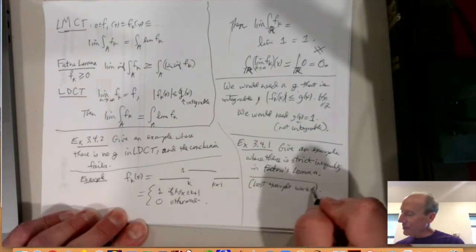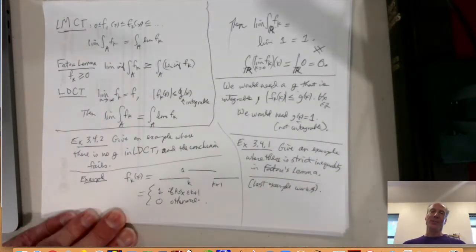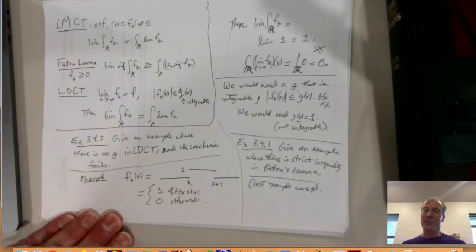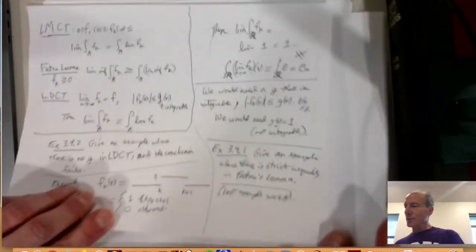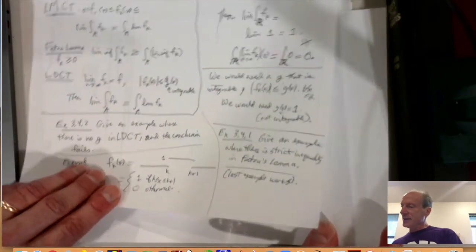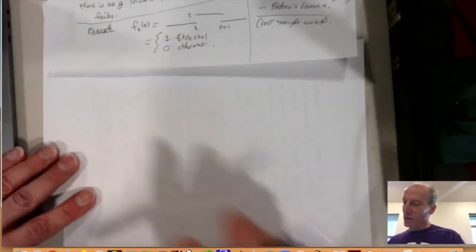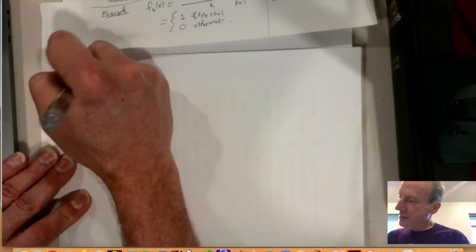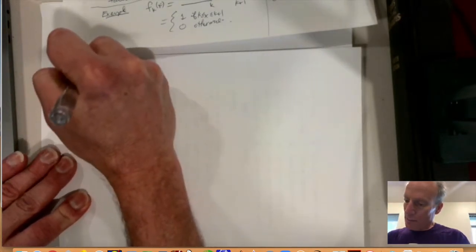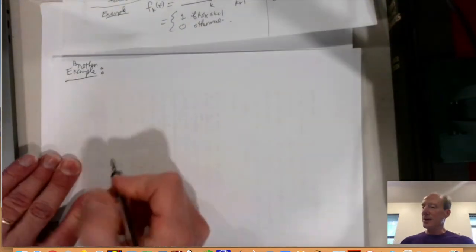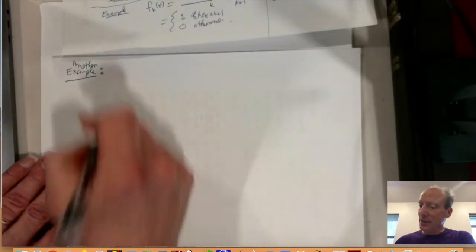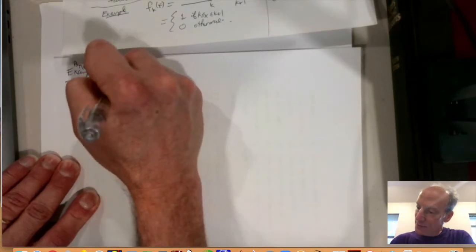But I like when I'm dealing with lim inf to have an example where there is no limit of the function at all, but you always have a lim inf that exists for a bounded function. So let's see if we can come up with another example of a function where it actually doesn't have a limit of fk of x.